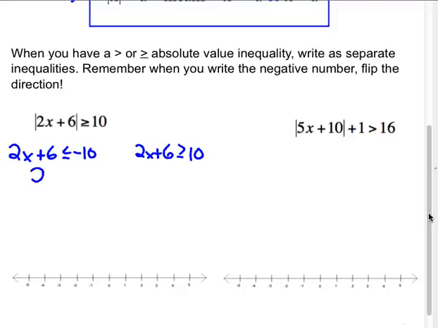So here, subtract 6, divide by 2. So here, oh, and that is actually off my chart. So 1, 2, 3, 4, 5, 6, 7, 8. I apologize. That's actually way off the chart.